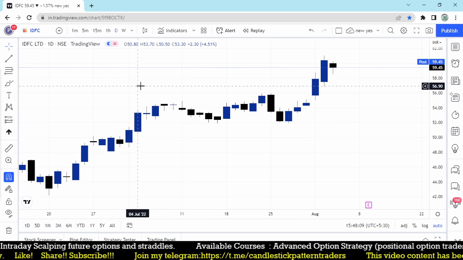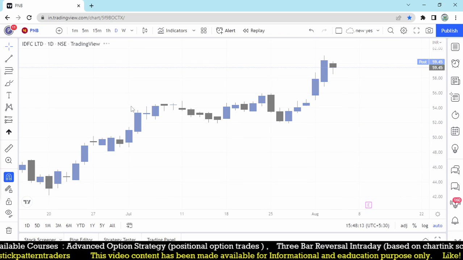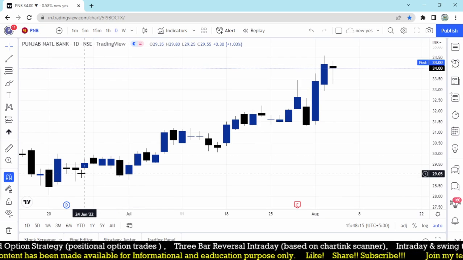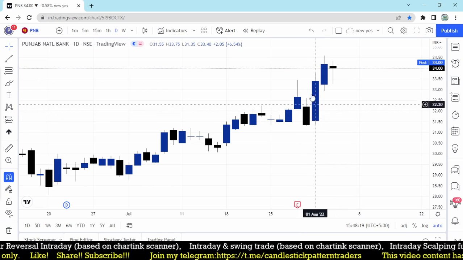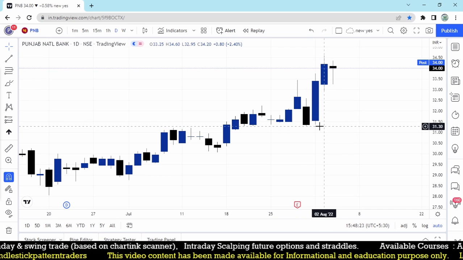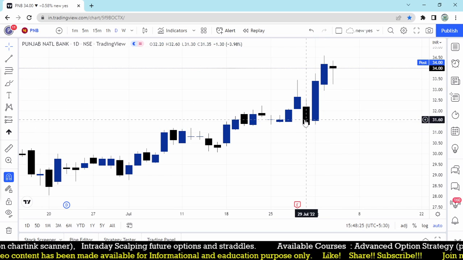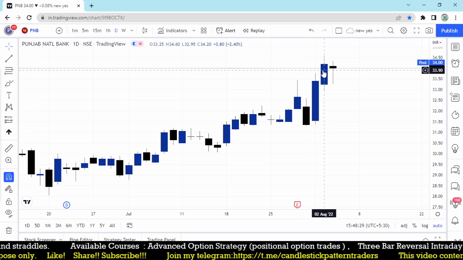The second one we have taken is Punjab National Bank. It was taken by one of my students. The day was an inside out bar, where we took a position around the 32 call option. The low is 31.3, we took the 32 call option, then it went up to 34.6.